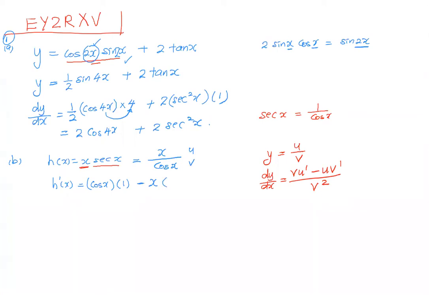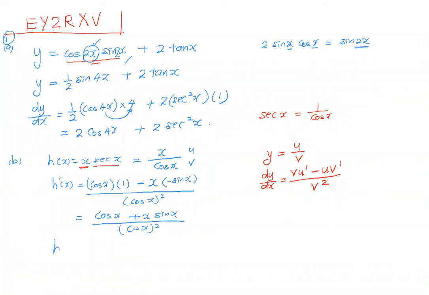Differentiate cos, you get negative sin. The whole thing over v squared. So you get cos x plus x sin x over cos x, the whole thing squared.